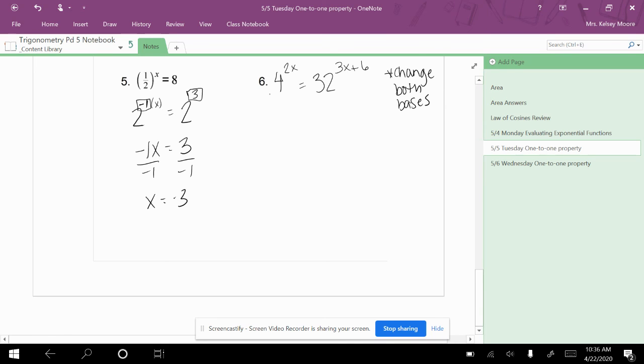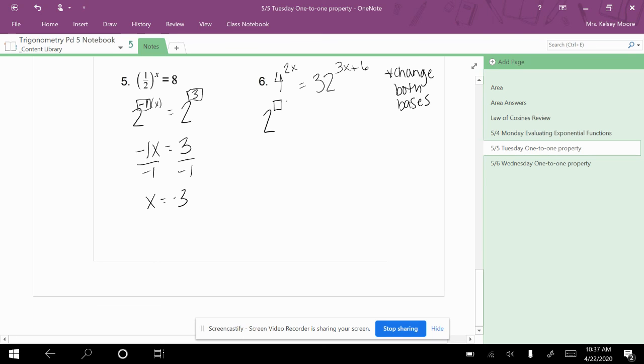Okay, for number 6, you have 4 and 32. If you think about it, 4 to the what power gets you 32, that won't work. So we have to think of another base that goes with 4 and 32, and 2 works. So 2 to the what power will get you 4.